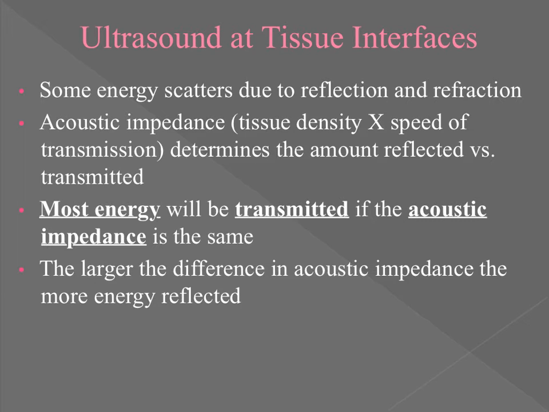And that's going to help us determine what's reflected versus what's transmitted. Also, the change from tissue to tissue is going to slow down the speed at which the ultrasound wave travels, and change the direction in which it travels. So these are all things to keep in mind as you're working with ultrasound.